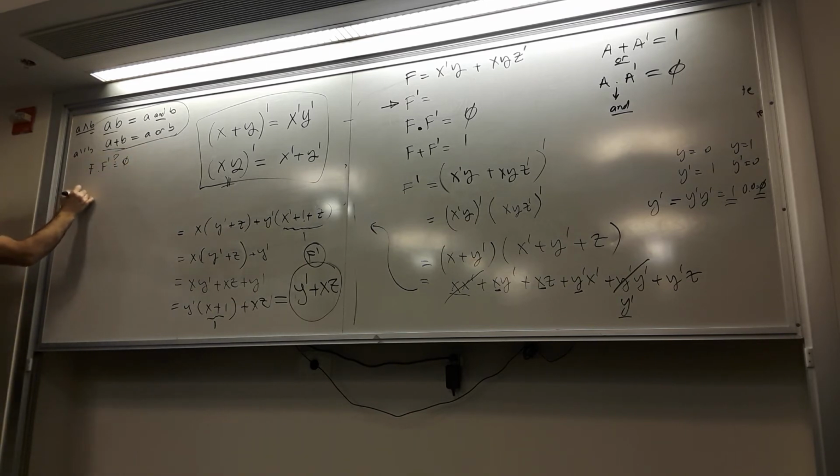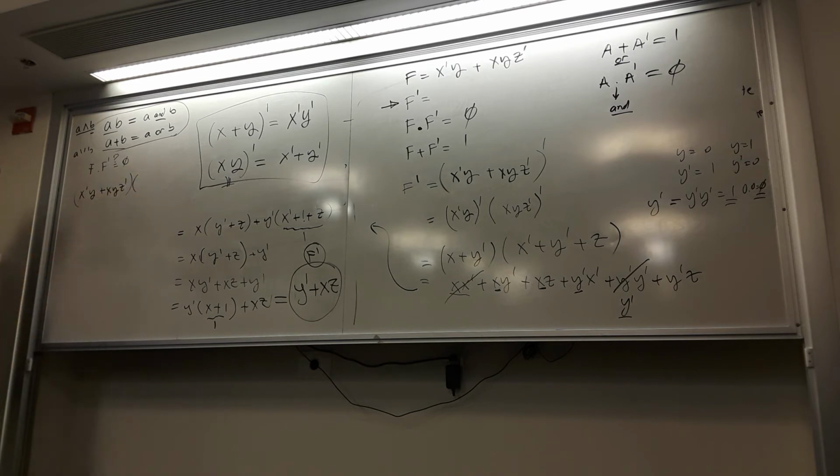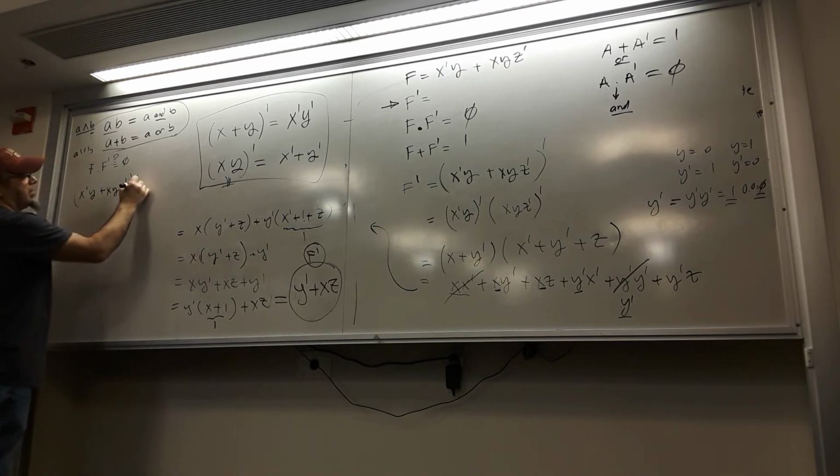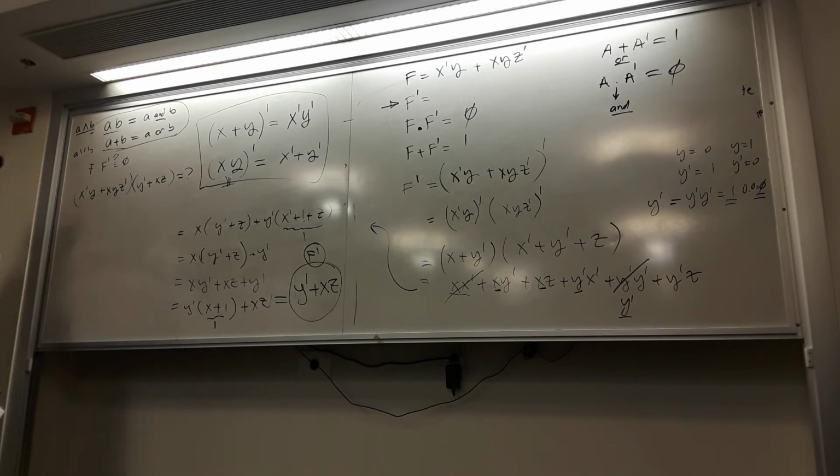So let's do that. x not y plus x y not z, times my complement, not y plus x z. What is the output? I'm expecting 0, right?